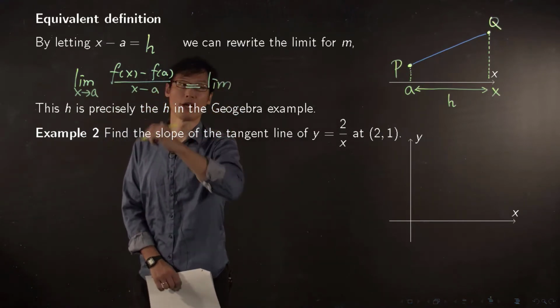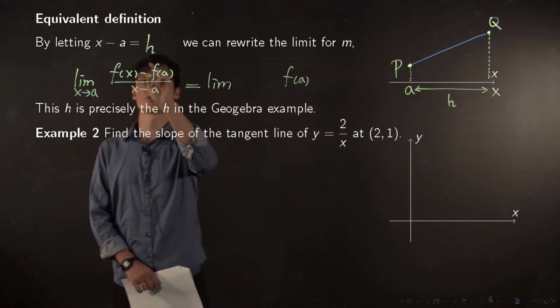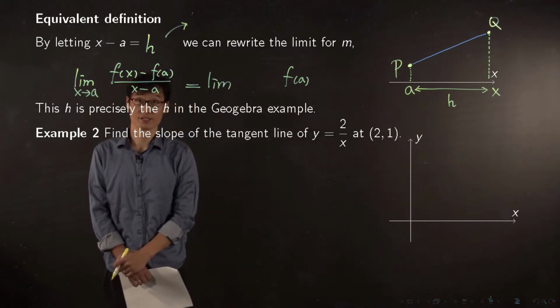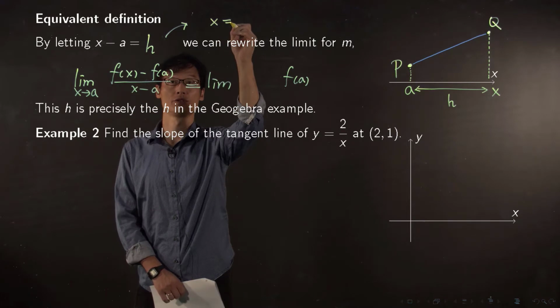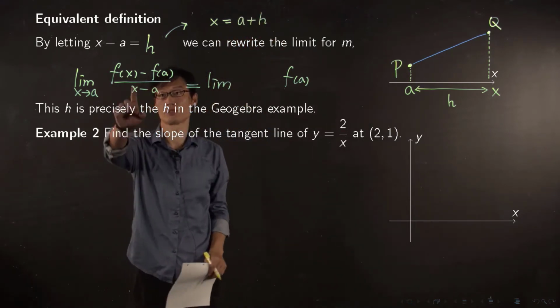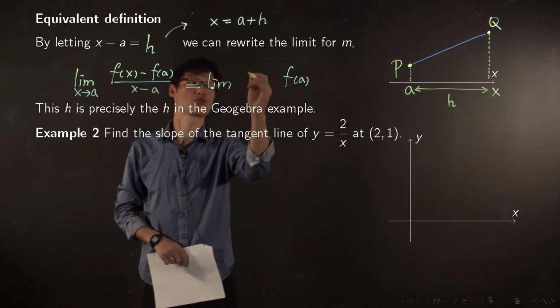Well, f of a is f of a. If you solve this for x, we will get x equals a plus h. So you can replace this x by a plus h.